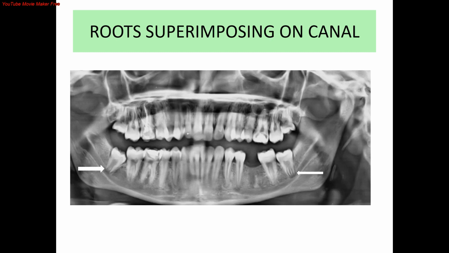If a root is superimposed on the inferior alveolar canal, the periodontal ligament space of that root appears darker and wider, giving a false appearance of periapical pathology as shown by white arrows. This happens because the radiolucent PDL space superimposes on the dark radiolucent shadow of the inferior alveolar canal. When two radiolucents are superimposed, they cast a darker shadow.